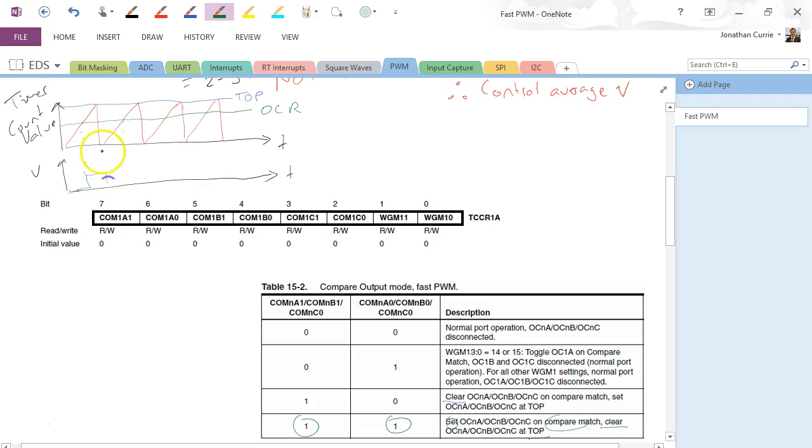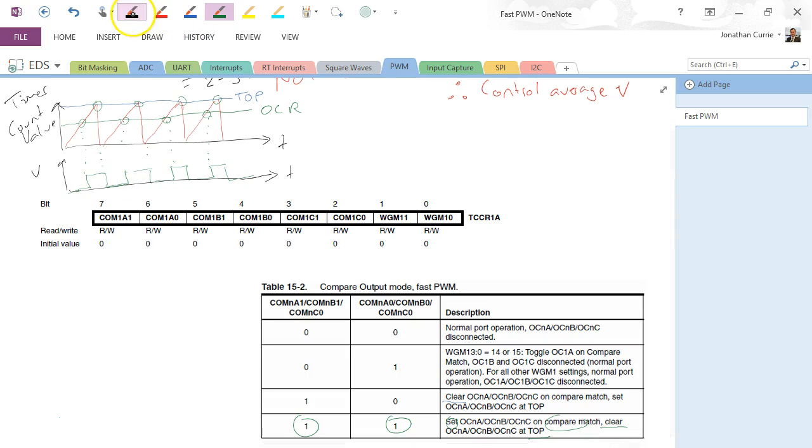So we'll come down again on a top value. Right, and we'll get something that looks like that. So each of those compare events, these bits right here, will cause the output voltage to go up, and every time our timer reaches the top value, which is this bit, it will be cleared again.